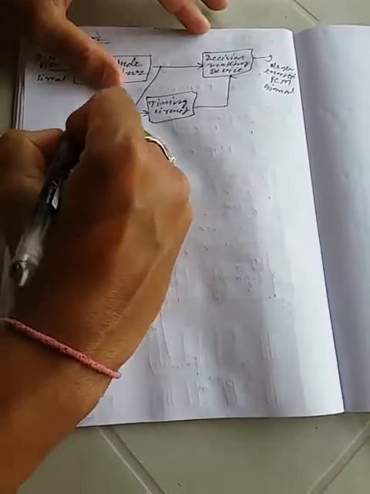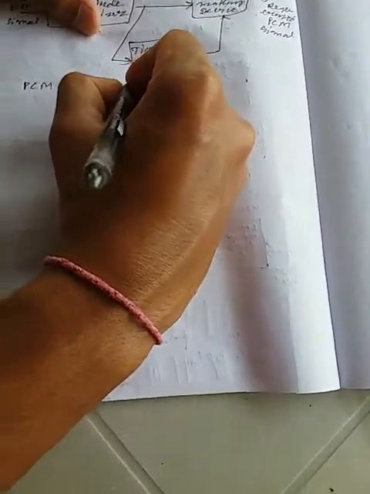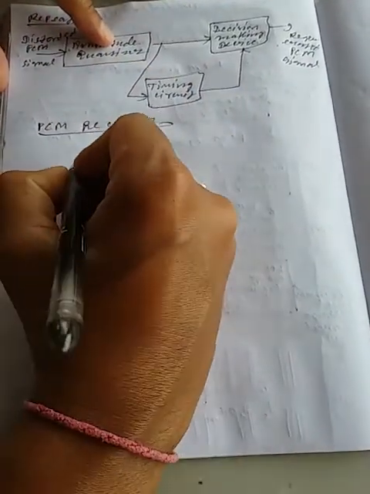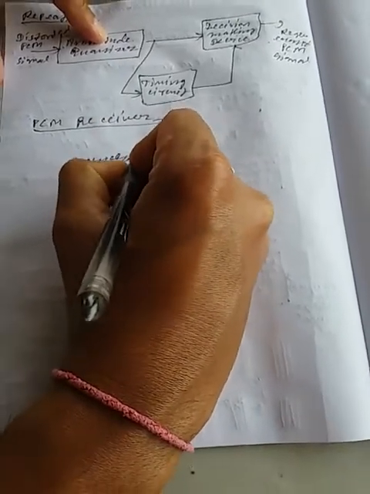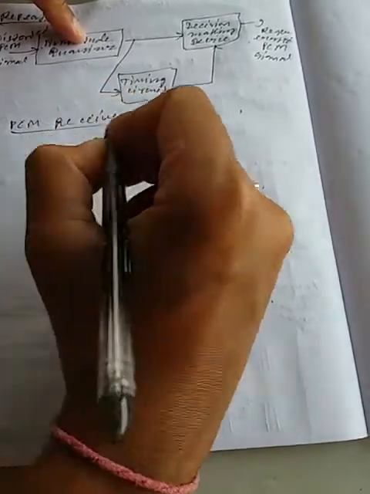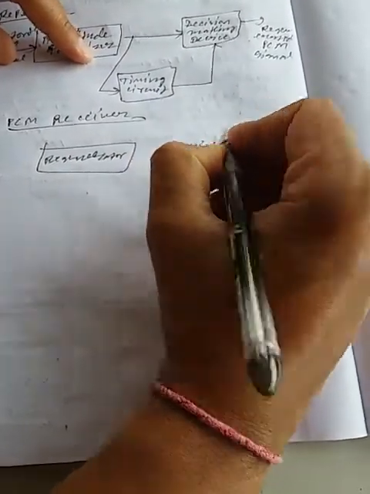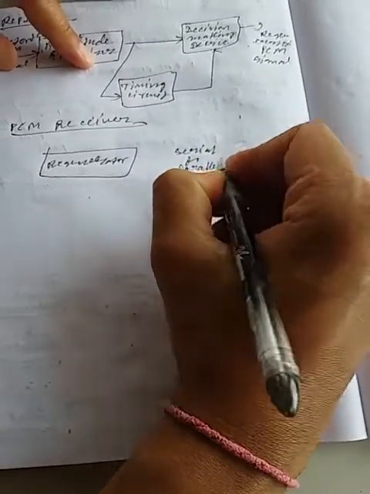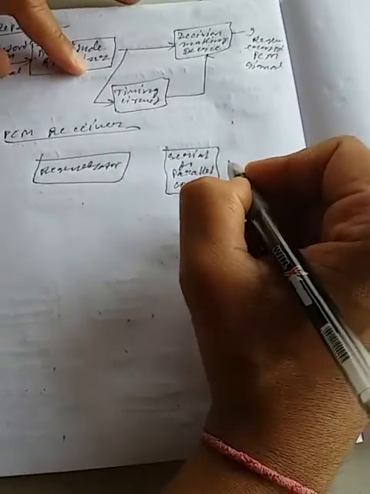Okay, now in the PCM receiver section, in the receiver section there is a regenerator, a serial to parallel converter.